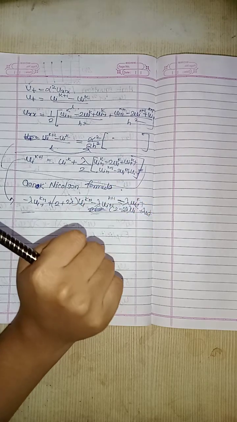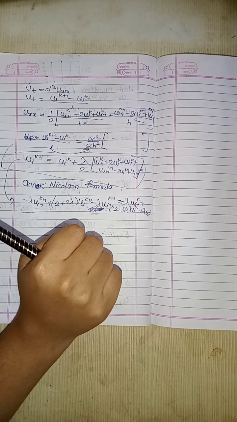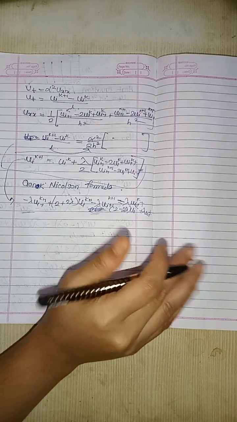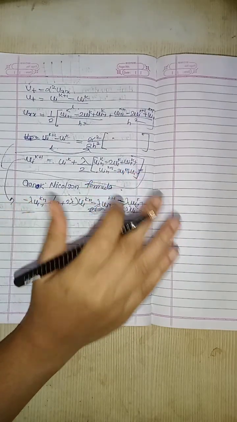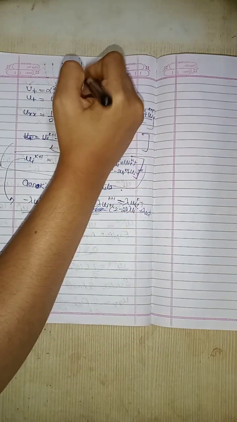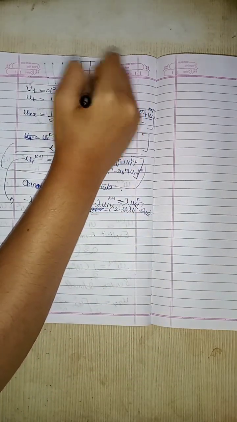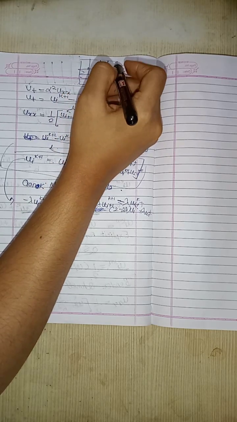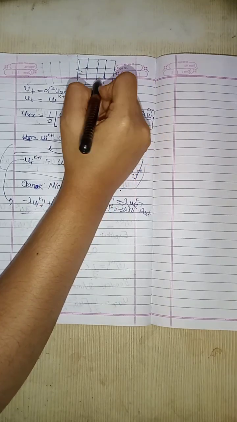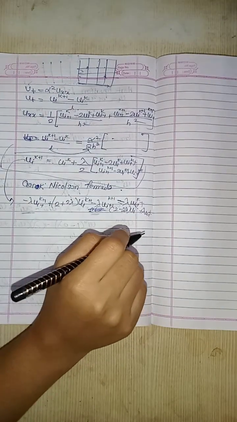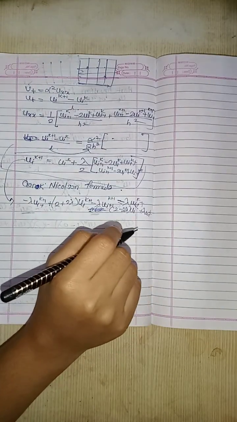If there are n internal points on the x-axis, then the above equation gives n simultaneous equations for n unknowns. So this is the formula for solving a system of equations.